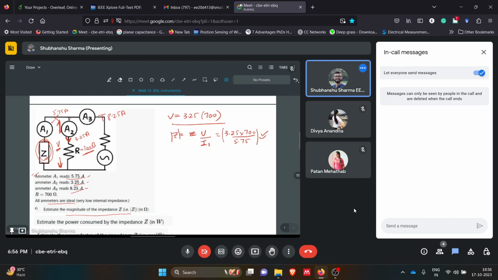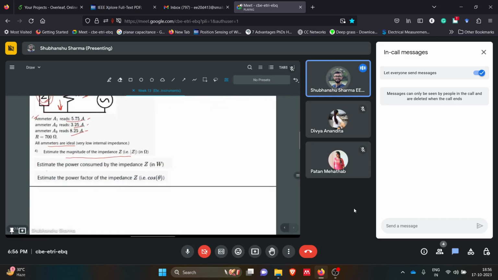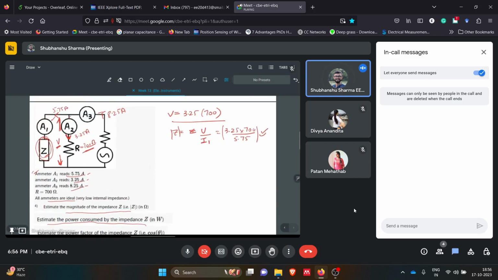Now the next question: estimate the power consumed by the impedance Z. In order to calculate the power, just wait, let me tell you.